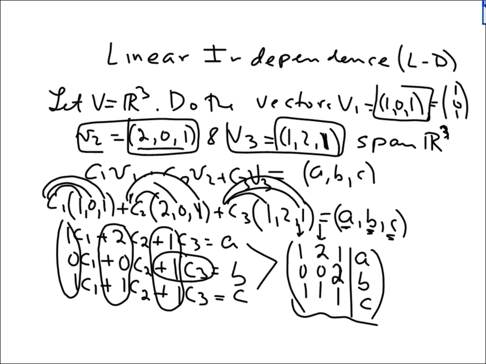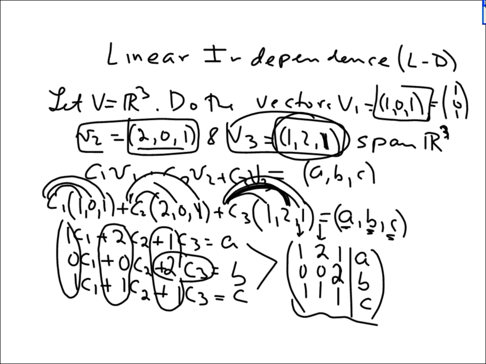I'm looking at vector 3. Oh yeah, the second component should have been 2C3. That should have been a 2. Absolutely. Okay, so it is working like a charm.